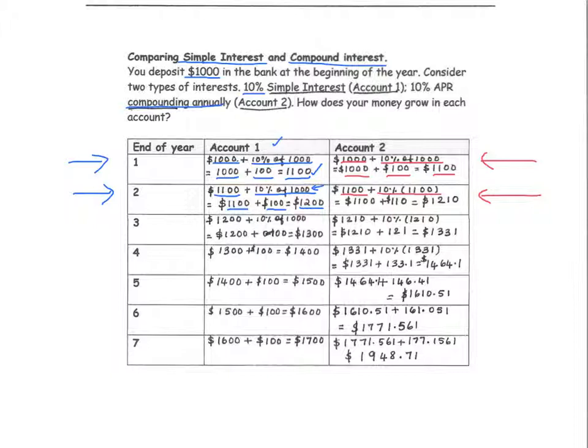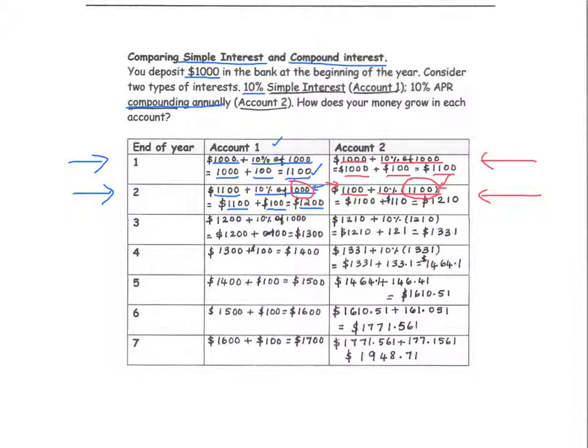That is the existing amount of money in the bank. Now, this is where it makes a difference. I want you to notice the difference between these two. What gets added on here is 10% of $1,000, the amount we started with. What gets added on in the compound interest account is 10% not of the 1,000, but of the $1,100.